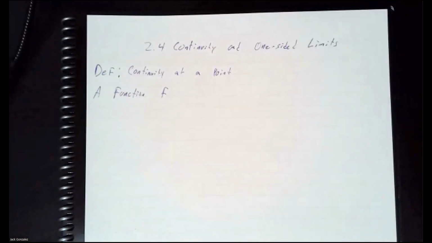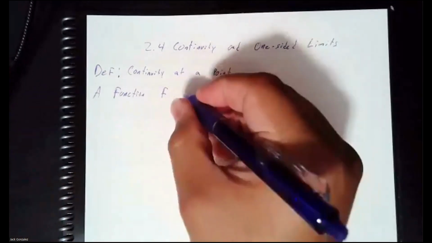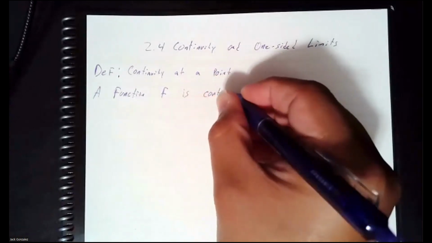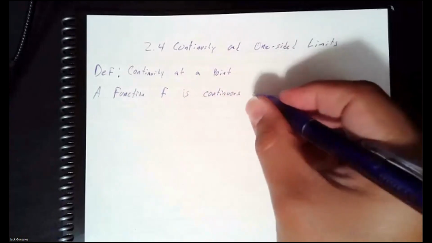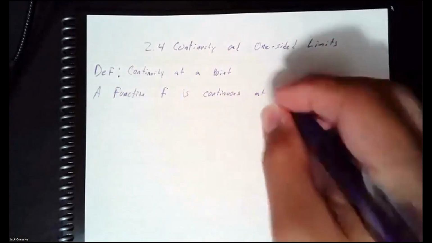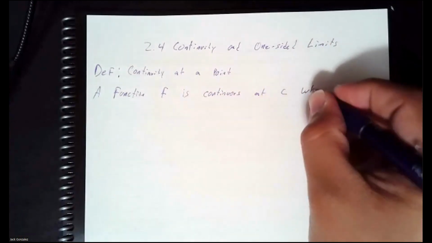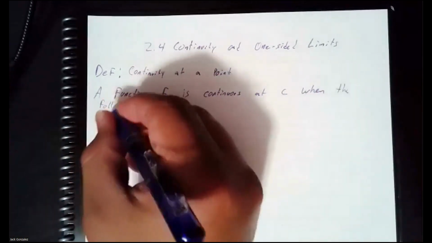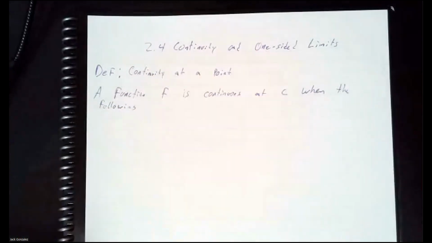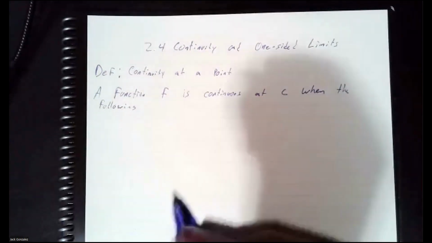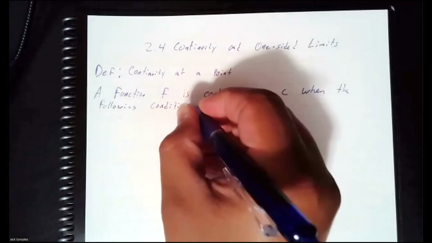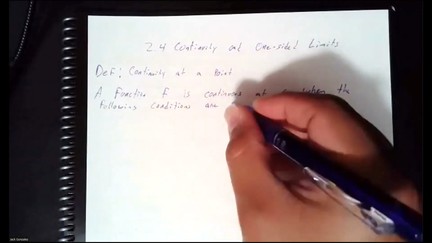Okay. A function f is continuous at c when the following conditions are met.